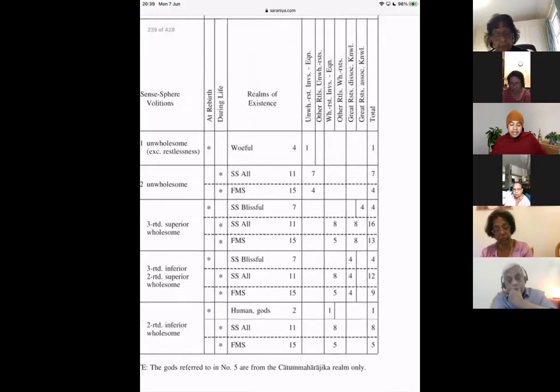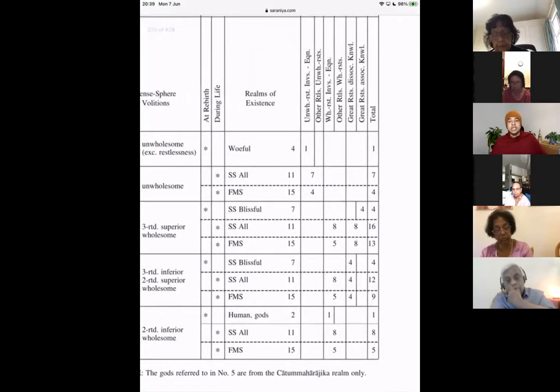We have great resultant disassociated with knowledge and great resultants associated with knowledge. Although a person is born with a superior state of consciousness, doesn't mean that it always has to be jnana sampayutta. That is impossible.